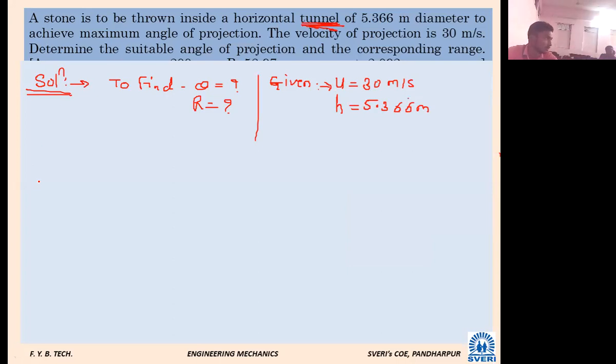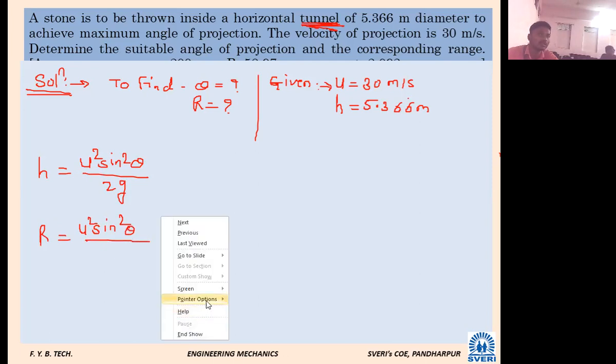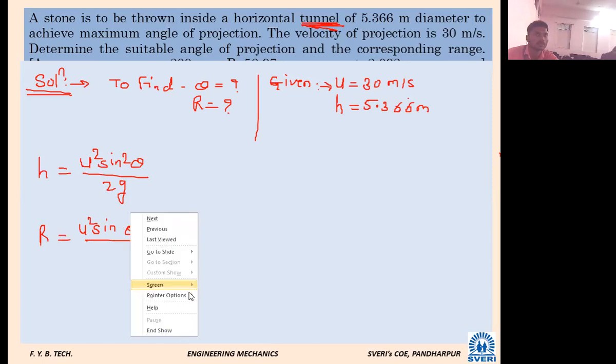मग सांगा फॉर्म्युले कुठले कुठले आहेत आपले? किती सांगितले फॉर्म्युले? हा h आहे काय फॉर्म्युला? हा h is equal to u square sin square theta divided by 2g. हा next फॉर्म्युला R is equal to u square sin 2 theta divided by g.